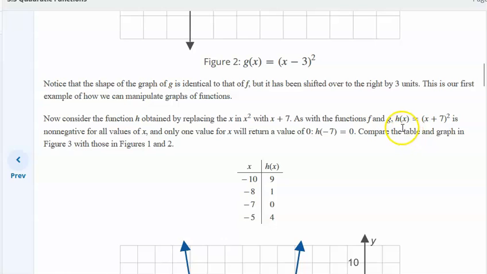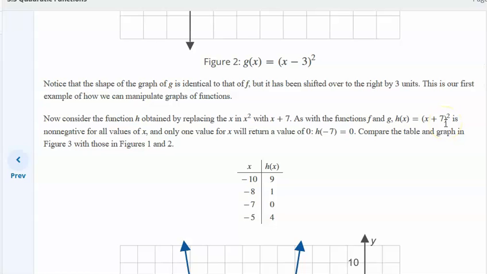Now, looking at another function, we see h of x. In our parentheses, it's x plus 7, the quantity squared. If the minus 3 is going to end up shifting it 3 units to the right, what will a positive 7 do, do you think?